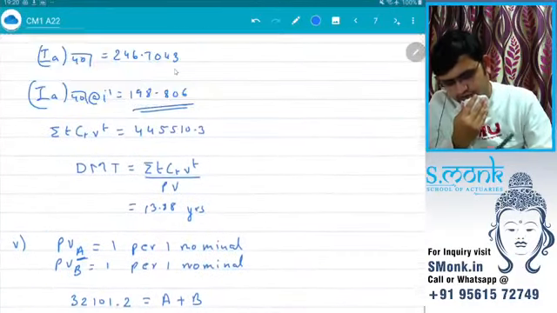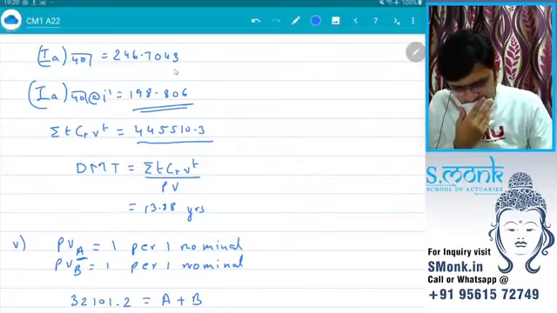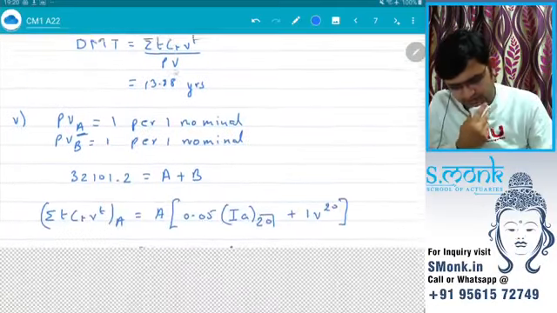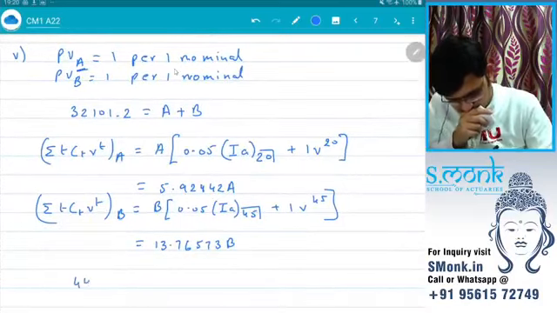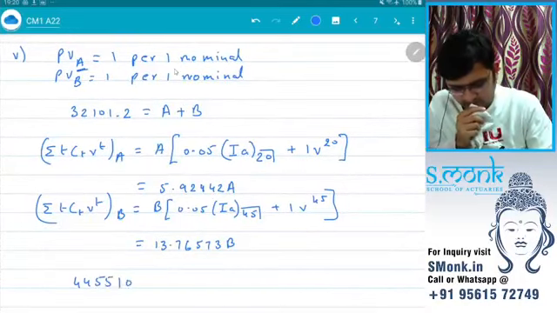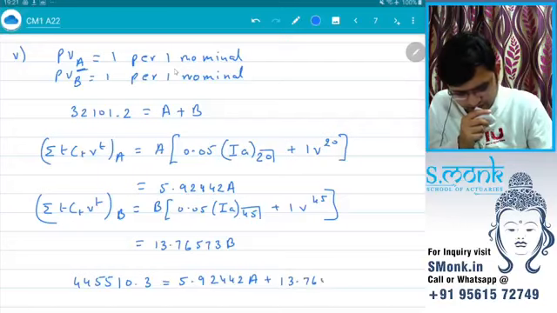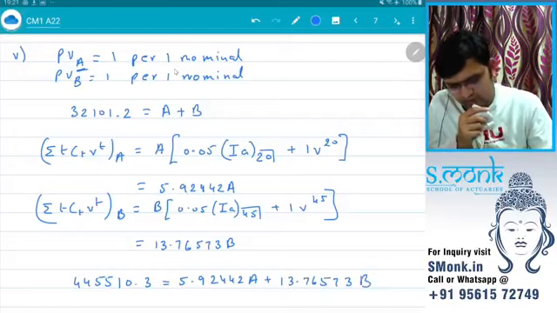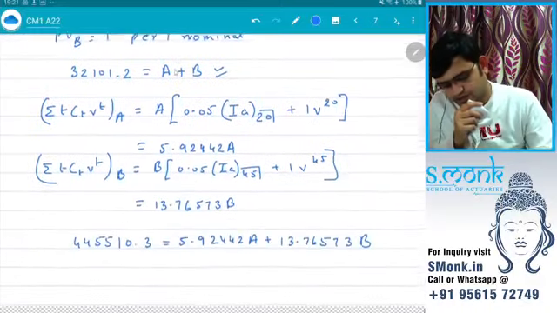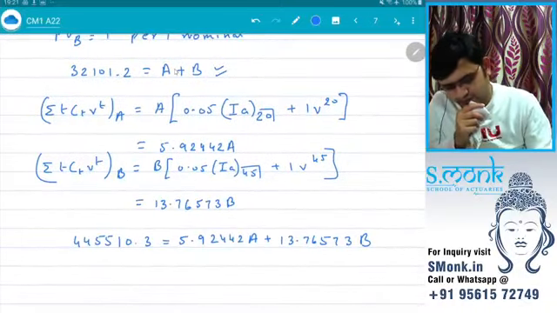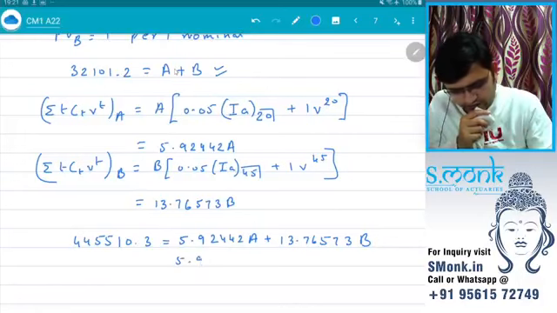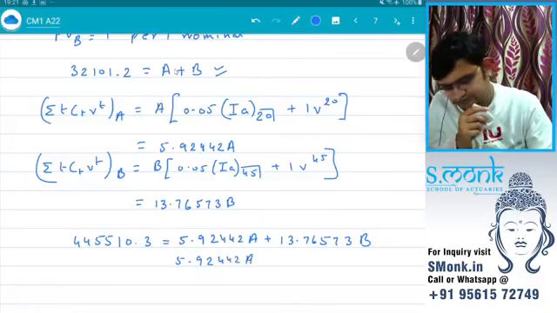So we'll equate both the summations, this 445510.3, and of course our first equation was this. Let's multiply this value. Okay, so we'll have 5.92442A.